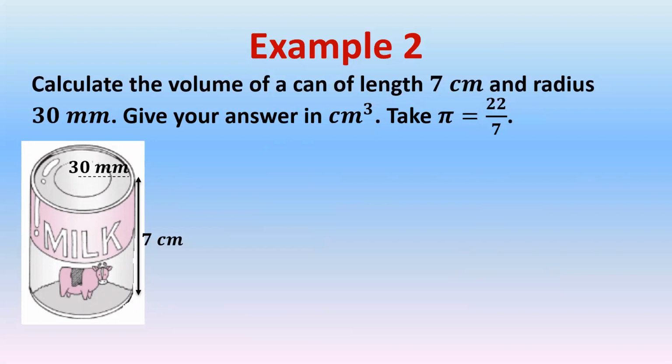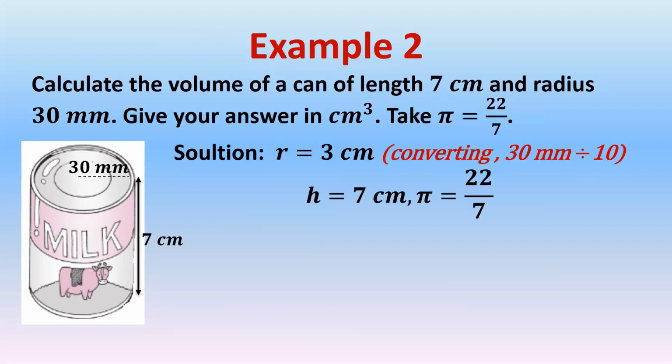Note that 1 centimeter is equal to 10 millimeters. We write down all our information. R is equal to 3 centimeters after conversion. H is equal to 7 centimeters. Pi is equal to 22/7.